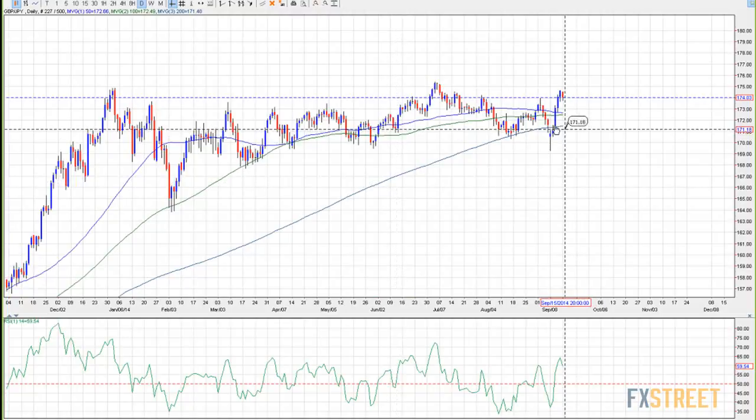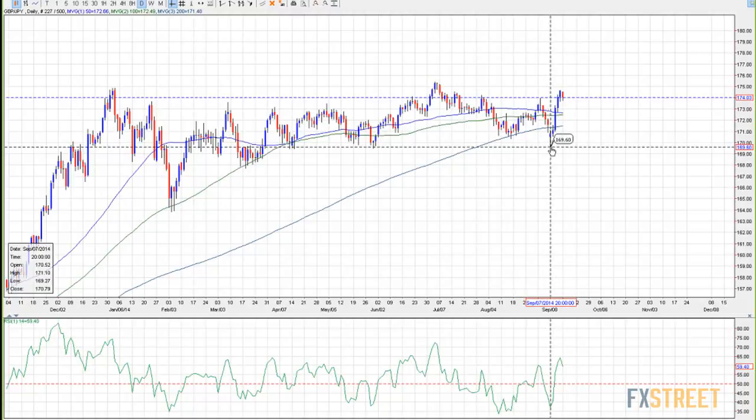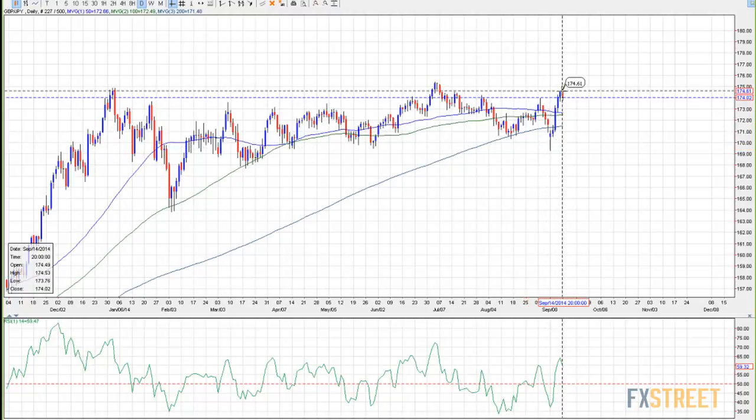Last week, we saw a dip below the 200-day moving average to start the week, but the market came back up roaring. So we don't have that bearish outlook. It looks like the pound yen is still bullish.